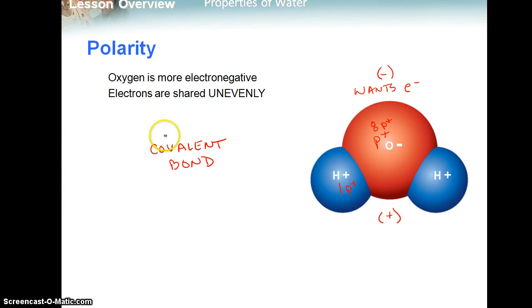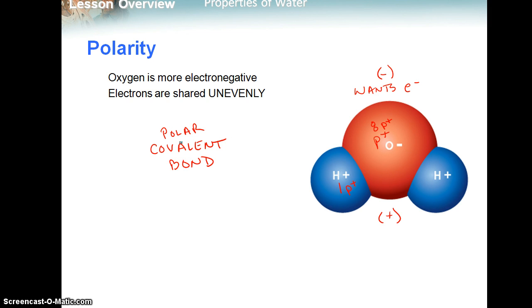And so we call this a polar covalent bond. And this isn't necessarily unique to water. However, water being polar and having these polar covalent bonds helps it act the way it does.